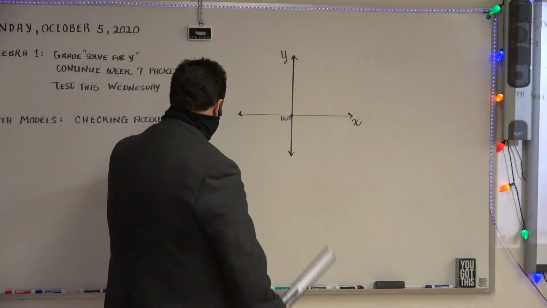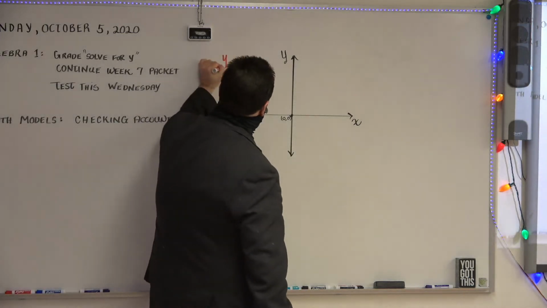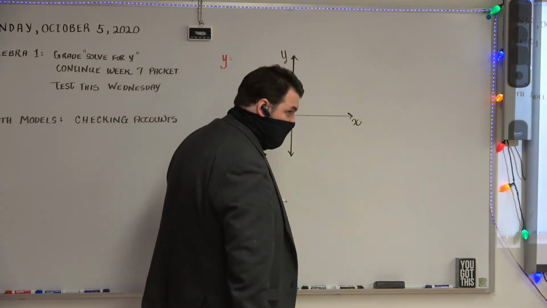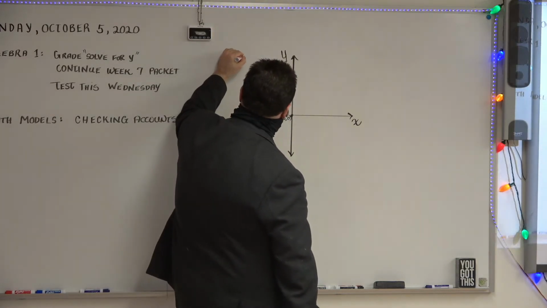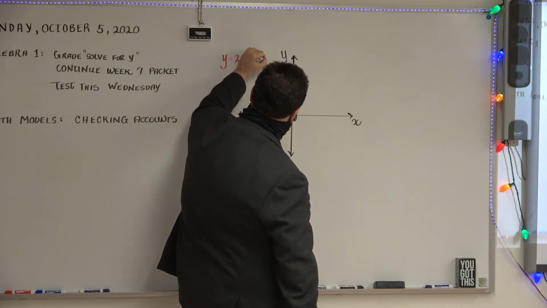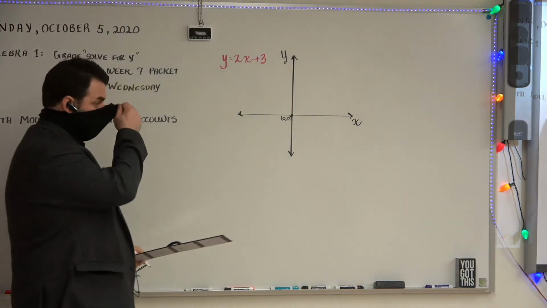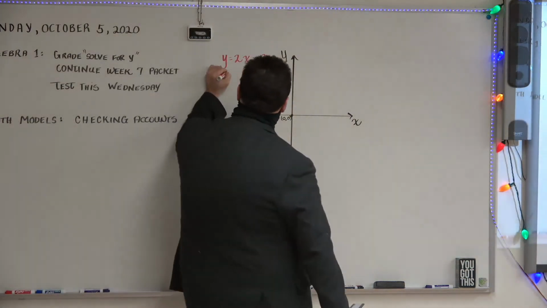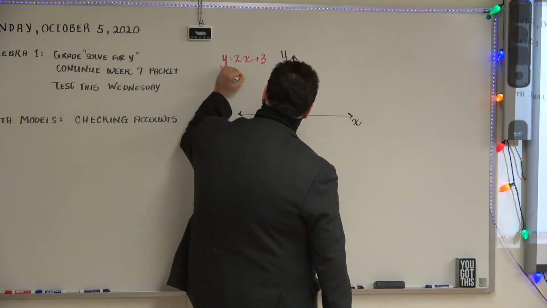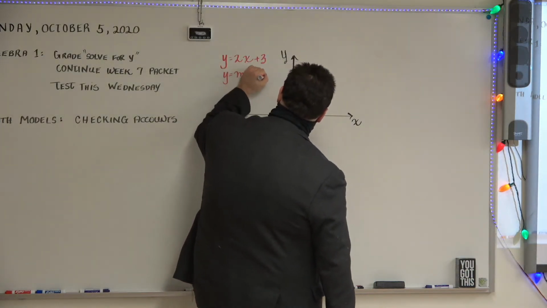Now our given equation was y equals 2x plus 3, right? You told me that this was in the form y equals mx plus b. That's true.